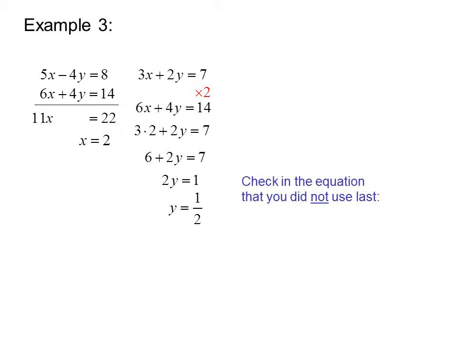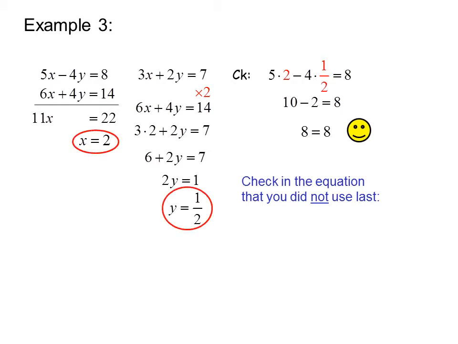We check in the equation that we did not use last, which in this case would be the first equation. So we get 5 times 2 minus 4 times 1/2 equals 8. 10 minus 2 equals 8, because half of 4 is 2, or 8 equals 8.